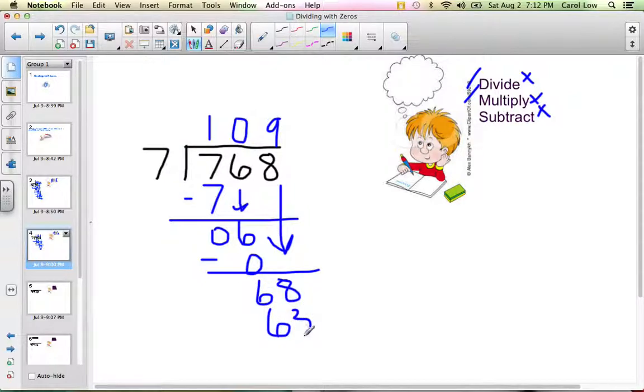And then I subtract. And mark that off. 8 take away 3 is 5. And 6 take away 6 is 0. And I'm just going to express this one as just a fraction. So it's 109 and 5/7. Okay, let's look at another one.